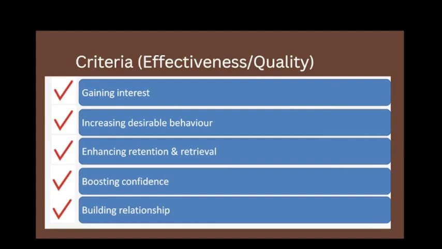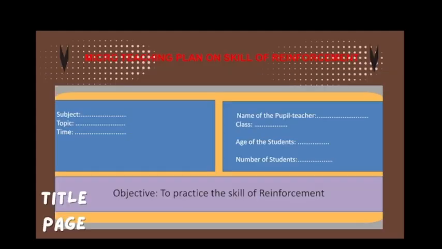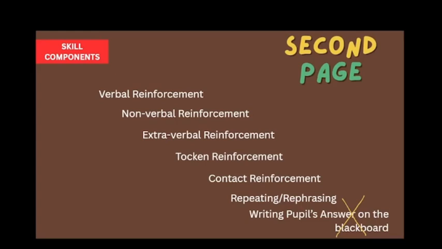So, coming to the end of our lecture, we are going to talk about the planning. As the other plans we have done so far, the first page or the title page contains the following details. There is nothing great to explain.